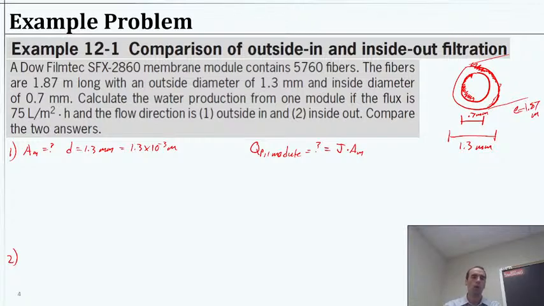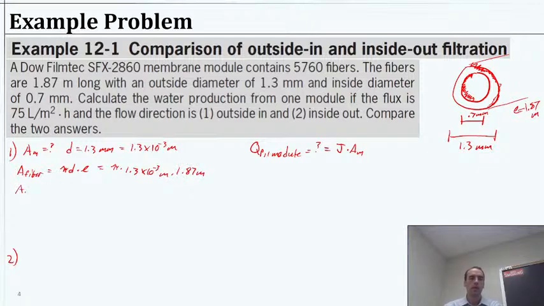So that's the area for one fiber. So the area for one fiber would be 2 pi r, which is pi times diameter times the length. So we could say that is pi times 1.3 times 10 to the minus third meters times 1.87 meters.